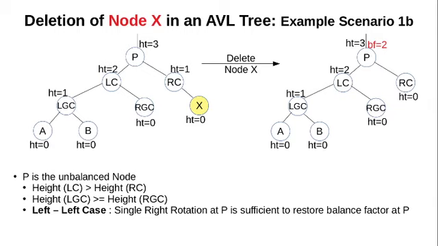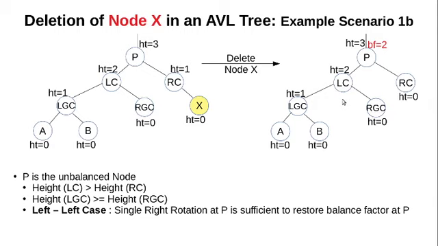The immediate question is, which type of rotation should be carried out? P is left heavy as the height of LC is more than the height of RC. Further, LC, the left child of P, is also left heavy as the height of LGC is greater than or equal to the height of RGC.